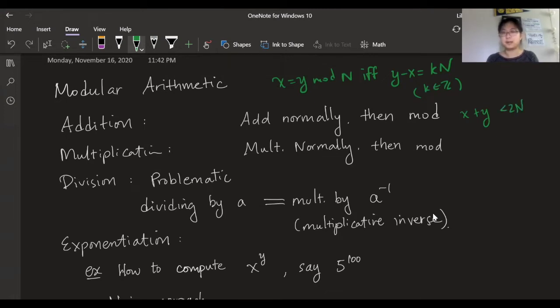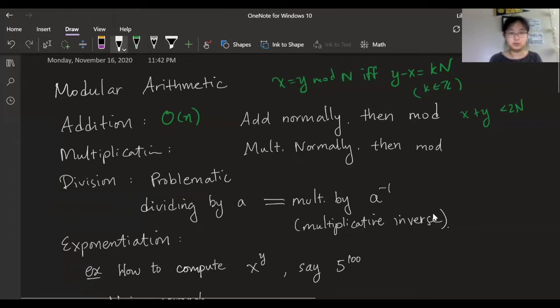And so in the worst case scenario, I have to shave off an extra copy of n, and we're done. Sometimes you don't even have to do this step. So worst case, you just have to do one more step shaving off n. So as with regular addition, this is going to be linear time.